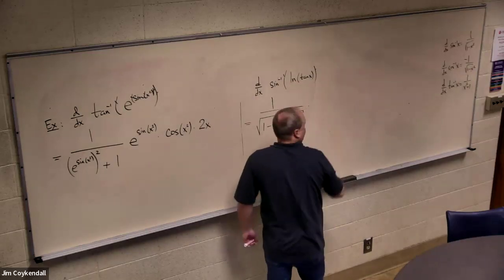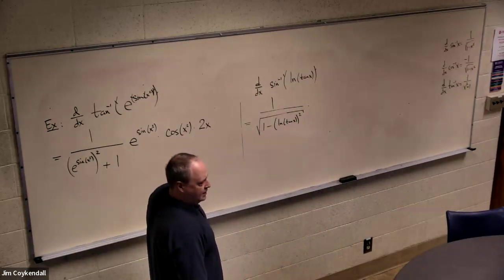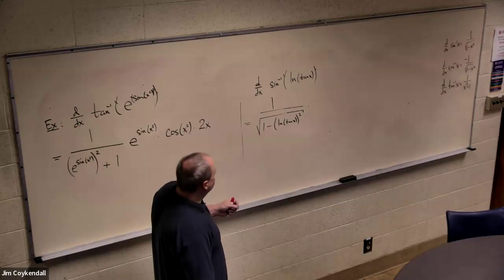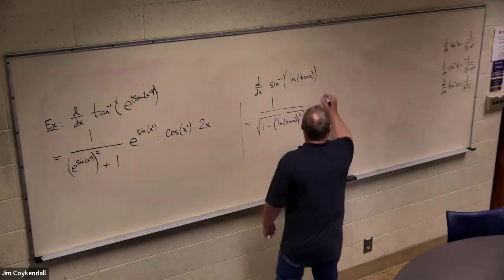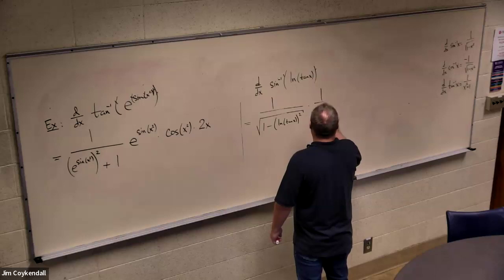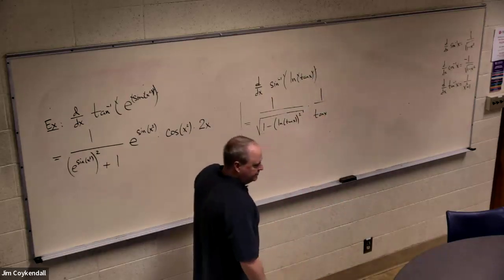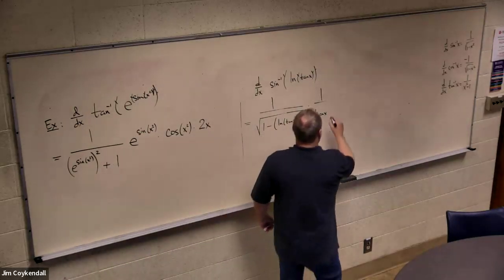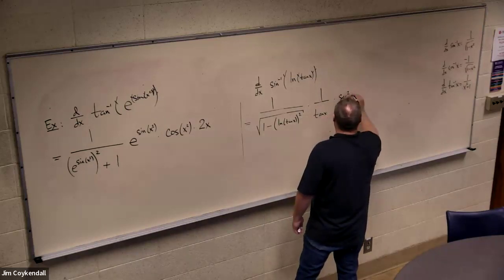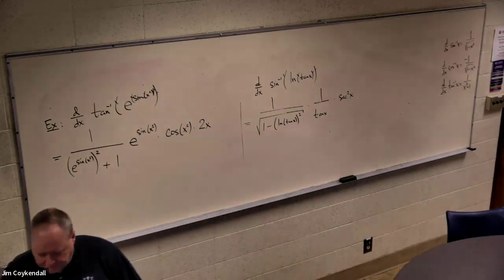Chain rule. What's the next thing you have to say? Derivative of what I'm inside, in this case, is log blob, right? What's the derivative of log blob? Now what? Good. There you go.